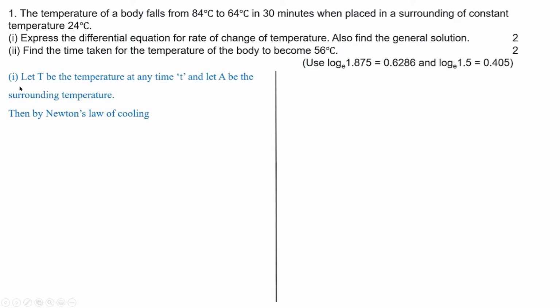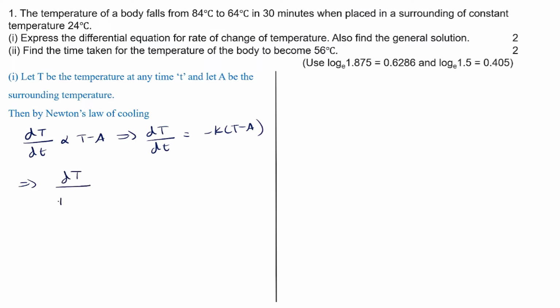Let T be the temperature at any time t and let A be the surrounding temperature. Then by Newton's law of cooling, we have dT/dt proportional to T minus A, or dT/dt equal to minus k into T minus A. Now we can write this as dT/(T minus A) equal to minus k dt.